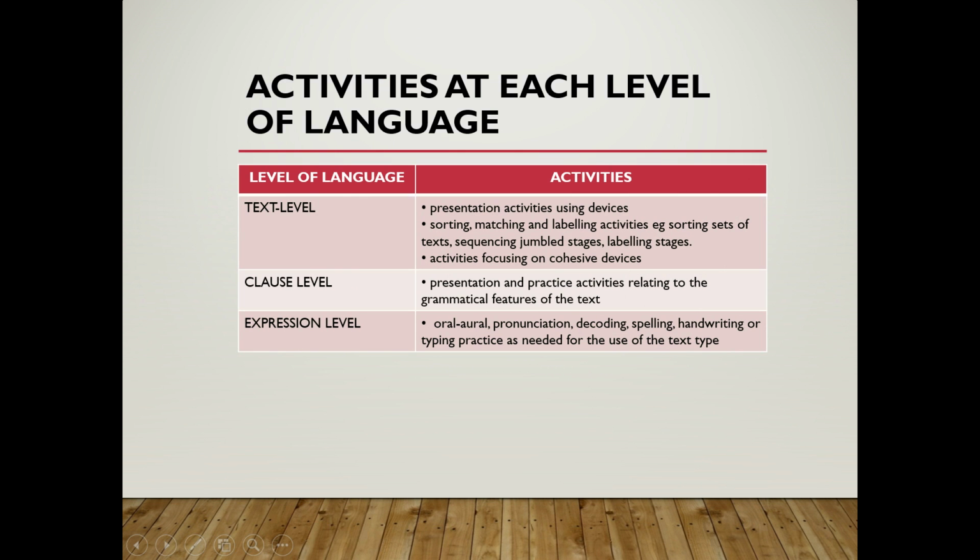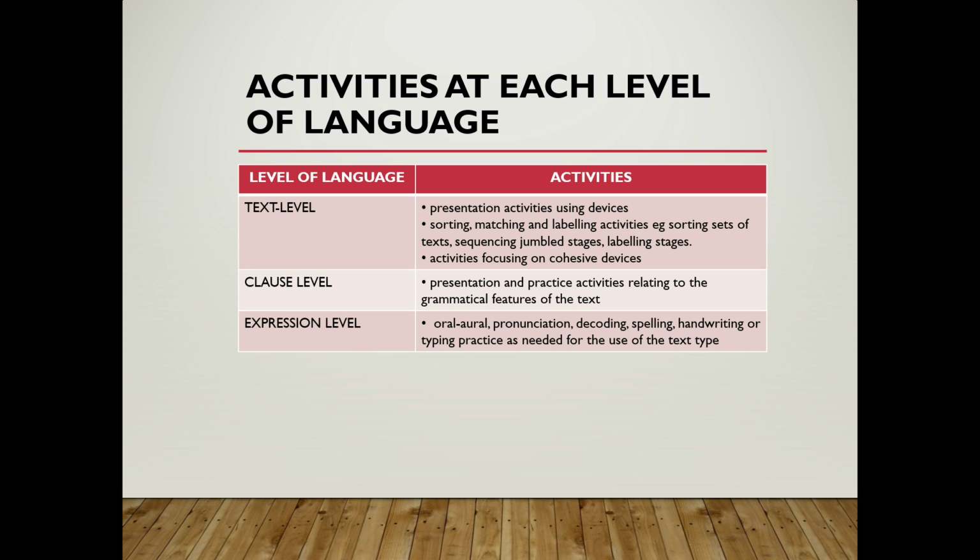Okay, this is to continue our last activities on each level of language. In the text level, your activities will be presentation activities using devices, computer or PowerPoint, sorting, matching, and labeling activities, for example, sorting sets of text, sequencing jumbled stages, labeling stages, and activities focusing on cohesive devices.